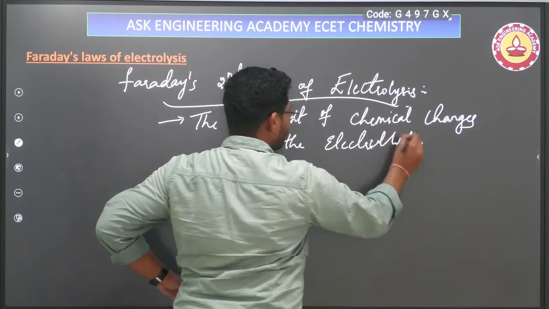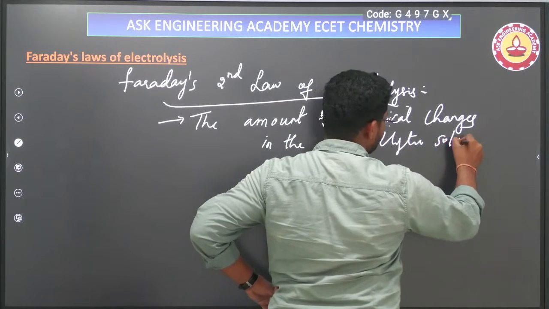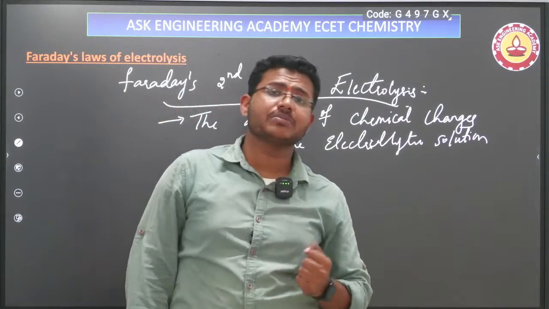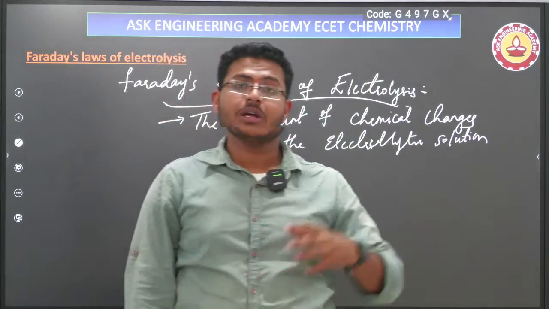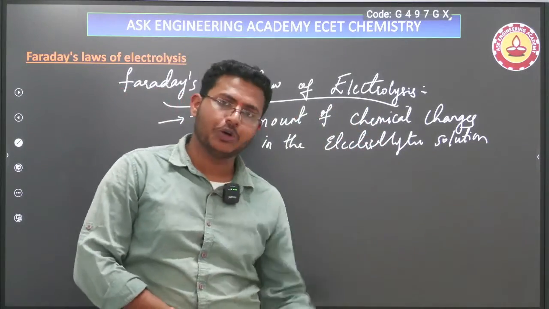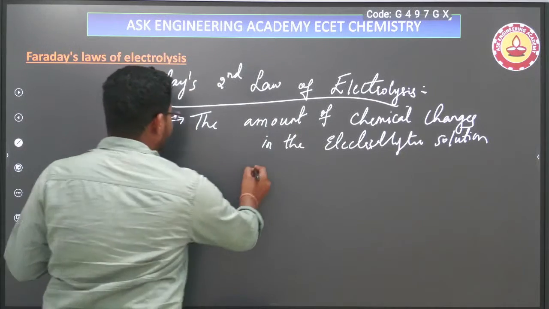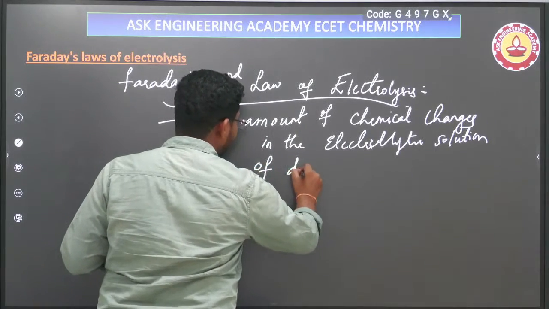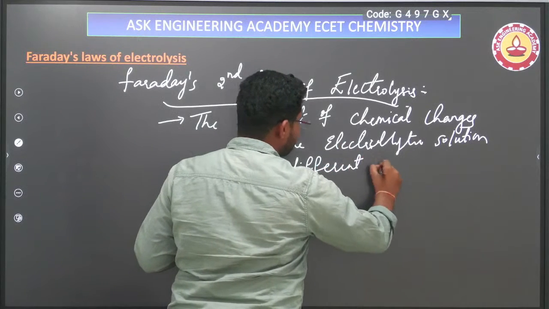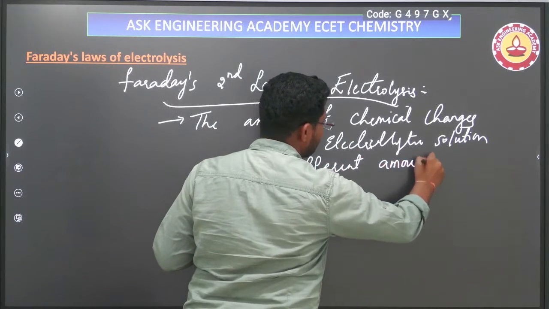It mainly explains the amount of chemical changes happening within the electrolytic solutions or electrodes at different amounts of current. Here the current capacity is different, different quantities of currents are applied.